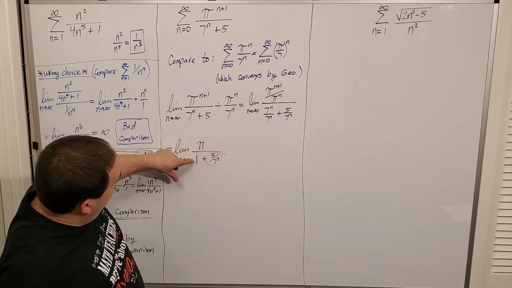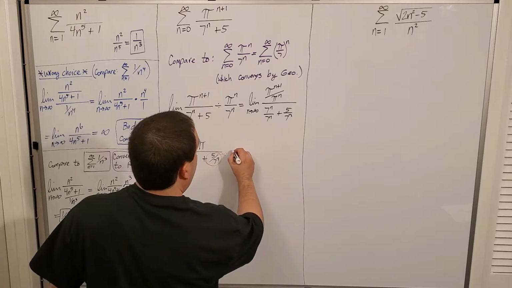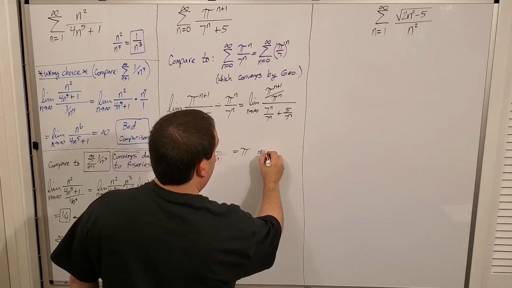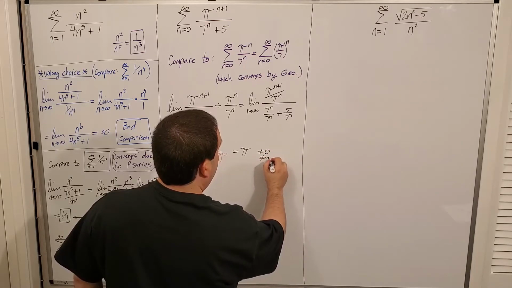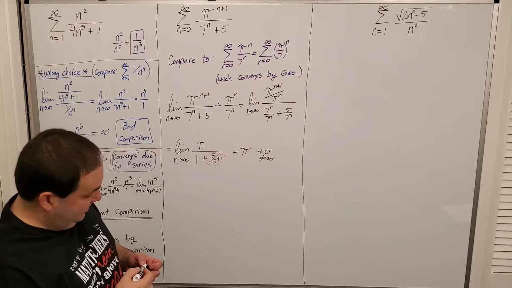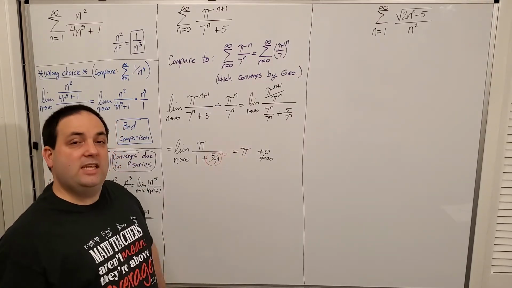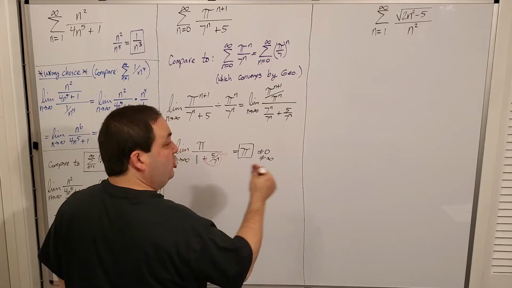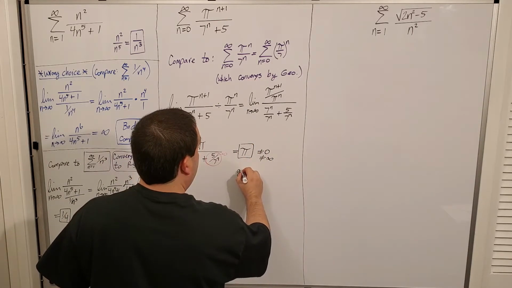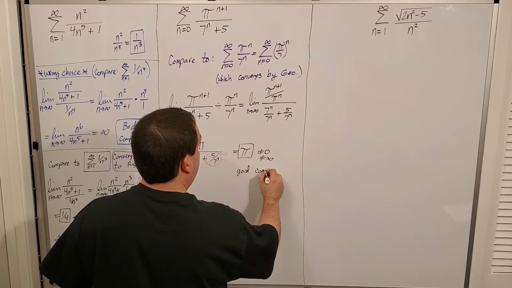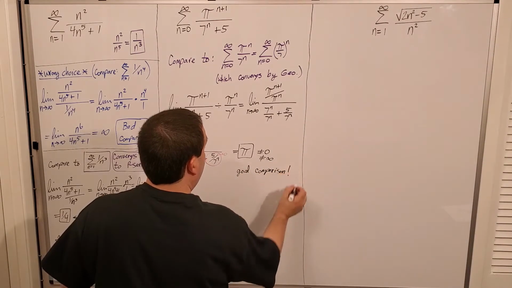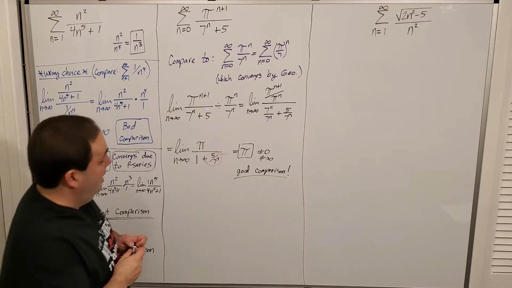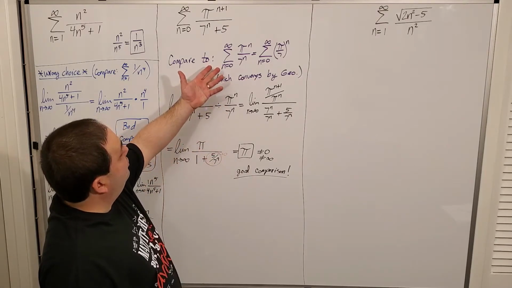So that leaves me with pi over 1, or just pi. And pi is not 0, and it's not infinity. It does exist, it is bounded, and it's not 0, okay? So the pi right here means that my comparison is good, right? This is a good comparison. Okay, it succeeded. So again, I have to come back up to what I compared it to.